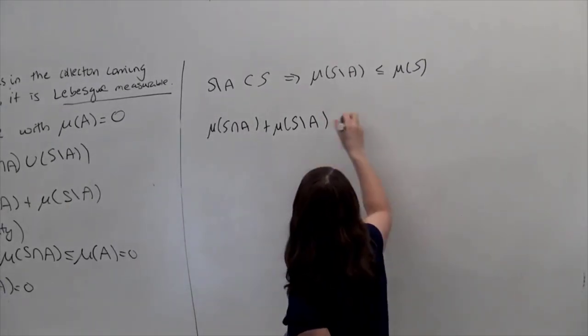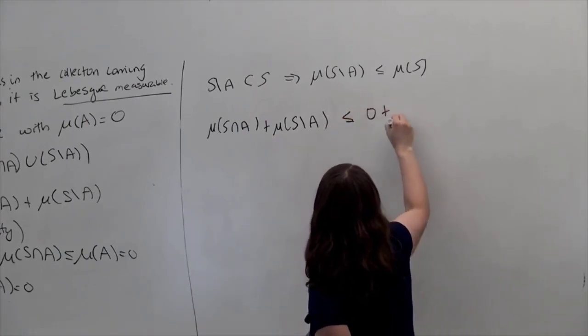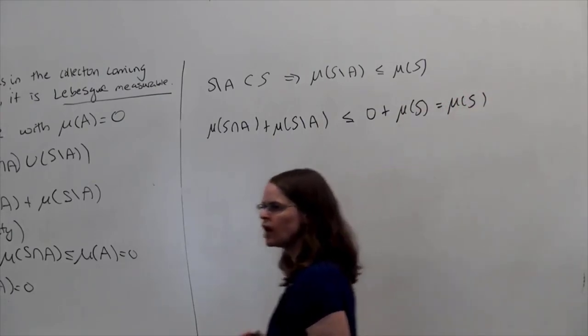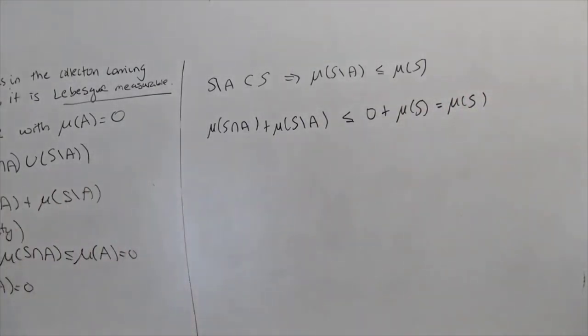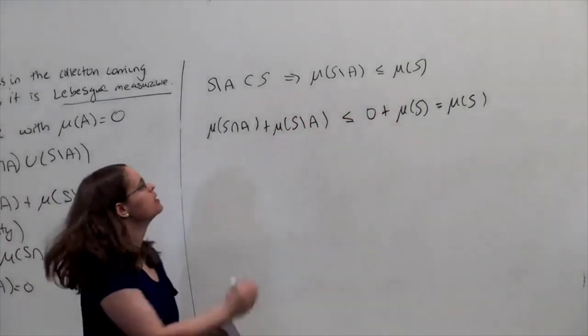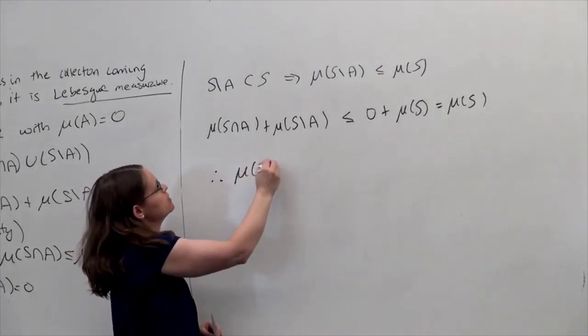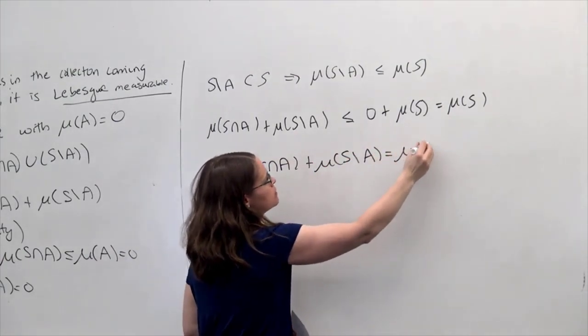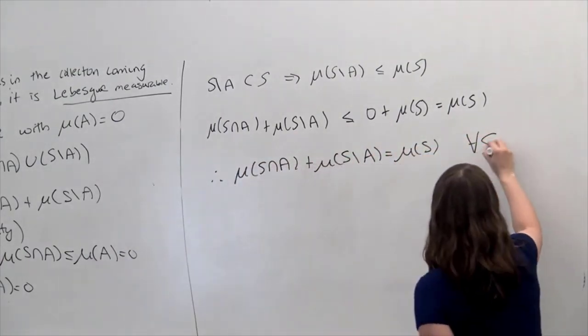This guy is bounded by the measure of S. And I've got the other direction of my inequality. Right? So it's a little bit complicated to state this, but in many cases it's not that hard to check it actually, for a lot of reasonable sets. Okay, so we got this direction of the inequality, we got this direction of the inequality, so we must be able to conclude equality. Right, and it didn't matter what S was.